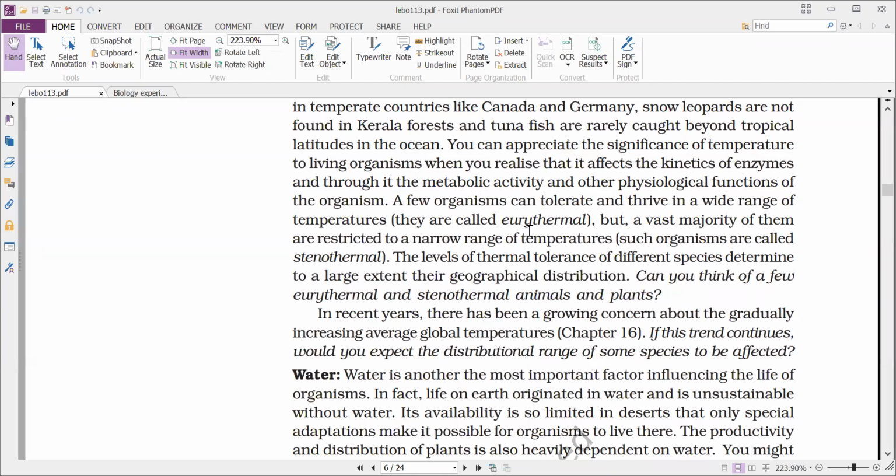So temperature is very important because it is the factor mainly determining the enzymatic activity, thereby different physiological activities.